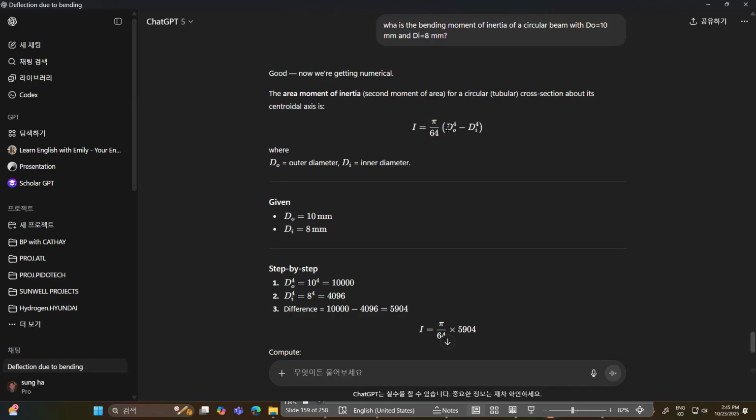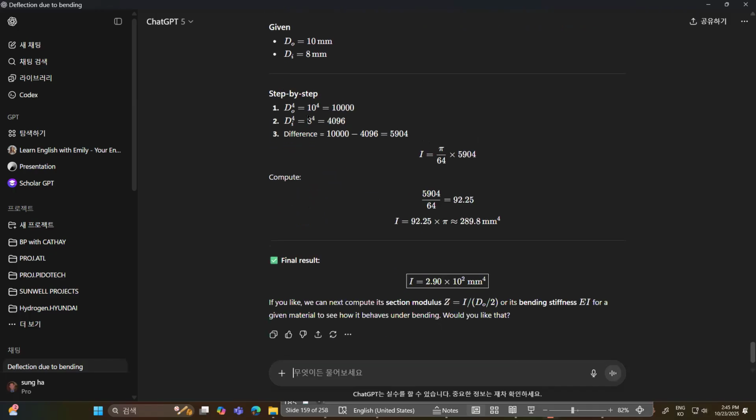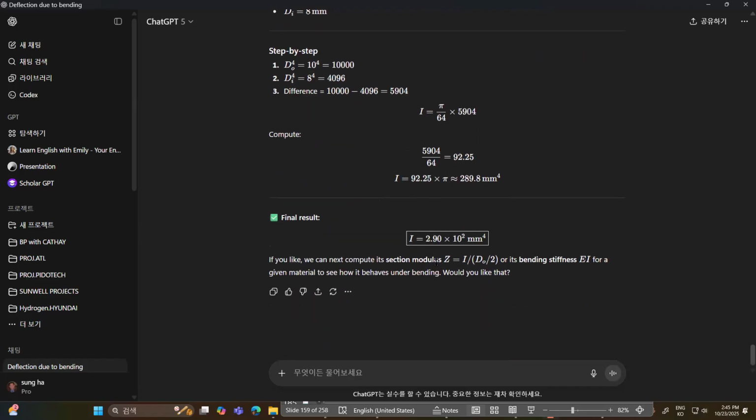This is the one, D0 to the 4th and DI to the 4th, etc. D0 is given as 10 millimeter, DI as 8 millimeter, giving us this, and finally I is 2.9 times 10 to the 3, 290 millimeter to the 4th. The unit is important, of course, millimeter.